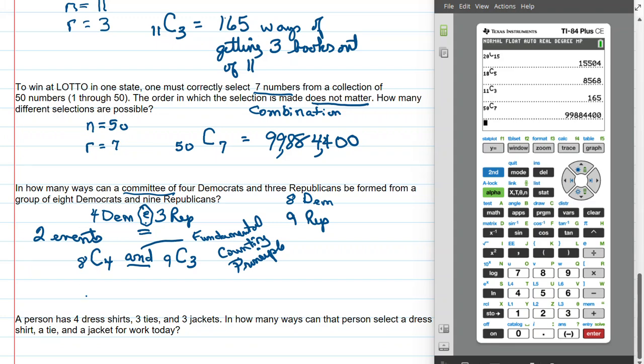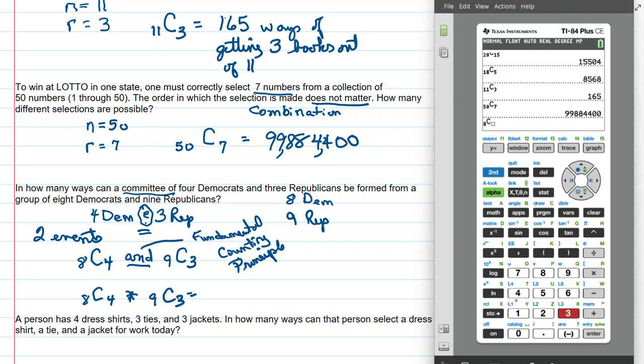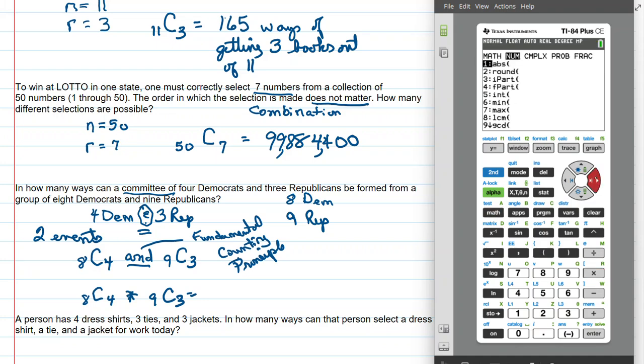We use everything in our arsenal. So I'm going to enter the 8. I'm going to go to math, go to probability, choose 3, and enter 4. And then I go side arrow to make sure the cursor is in the middle, times, and then I'm going to do the next one, 9, math, PROB, 3, and I'm going to choose 3.